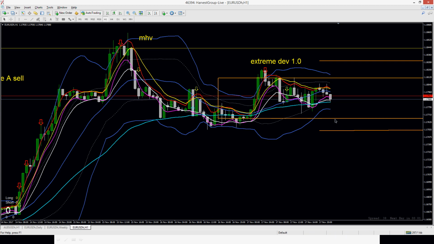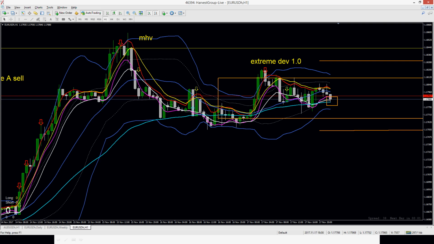The Bollinger Band is sideways, and the signals setup at the moment is an extreme A sell over here. There's no candlestick signal as of yet, because this candle over here did not break MA5, so I will not count that in. However, over here we know that the price is at MA50.